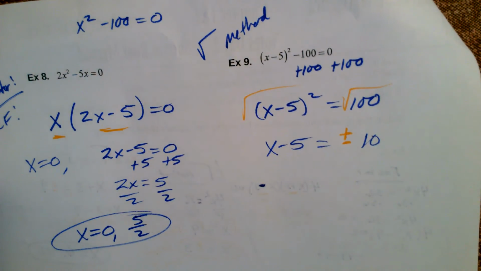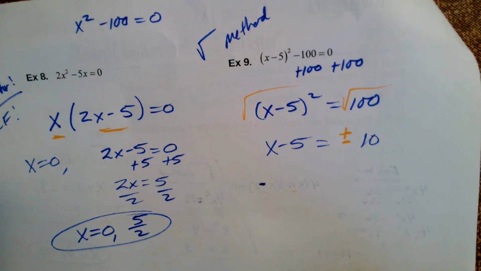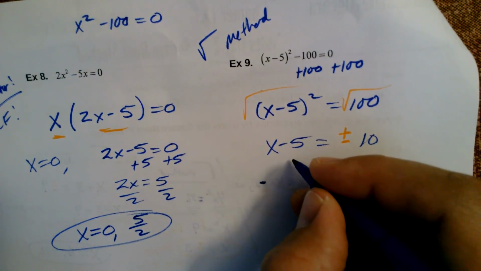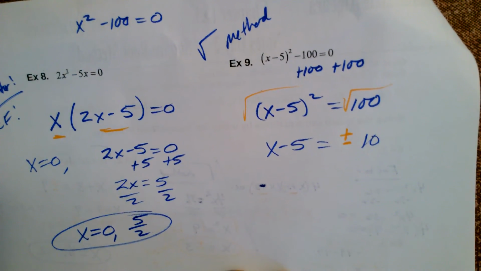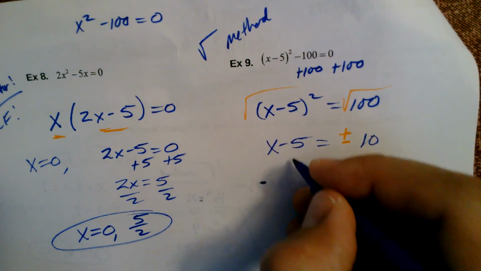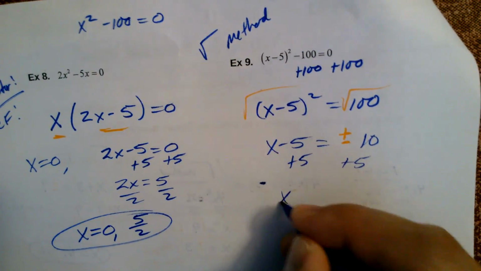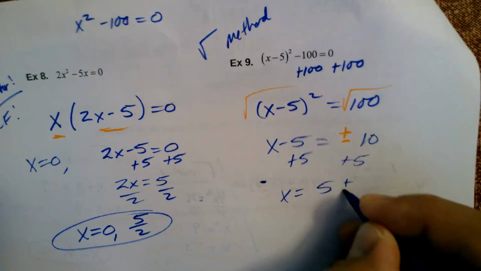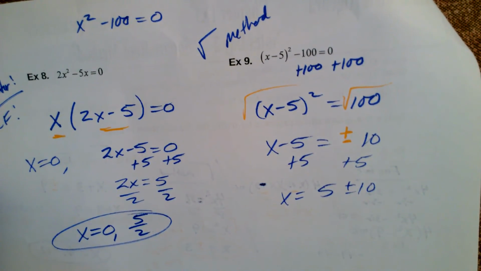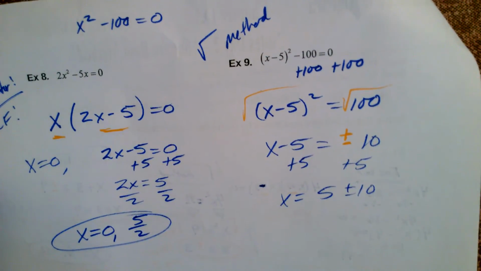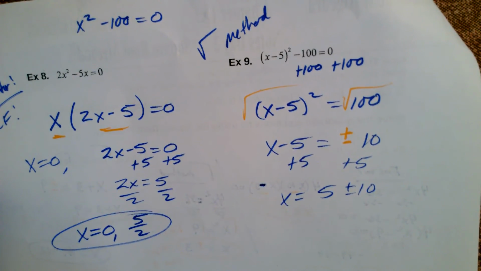Okay, key step for today. A lot of kids forget it. And now you can write this as 2 different equations. Or for me, I like to do this. I'll add the 5. So we get x equals 5 plus or minus 10. Now, if you try to type that in my math lab, it's wrong. They always want it simplified.